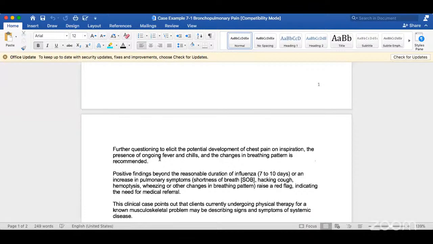You have to have symptoms that are systemic in nature. So whenever you have fever and chills, there is an organic pathology, for example. If you ask about the type of the pain, changes with positioning, changes with inspiration, changes with activities, and things like that, we need more information.